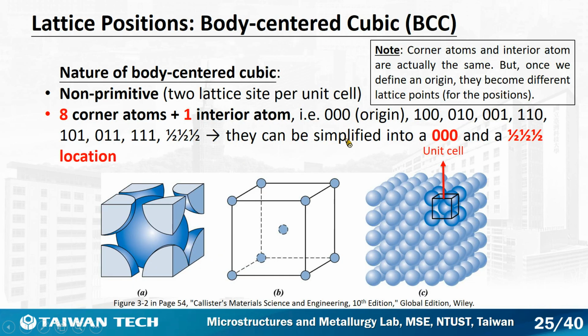BCC is more complicated. It's a non-primitive cell, so it has two lattice sites per unit cell. For example, for this one, we have 8 corner atoms and 1 interior atom. For corner atoms, just like simple cubic, we can simplify it into the 000 lattice position.